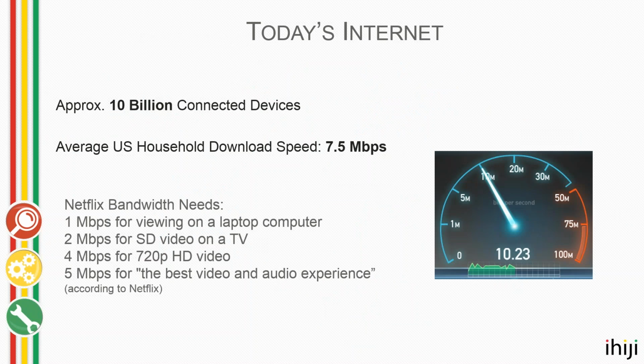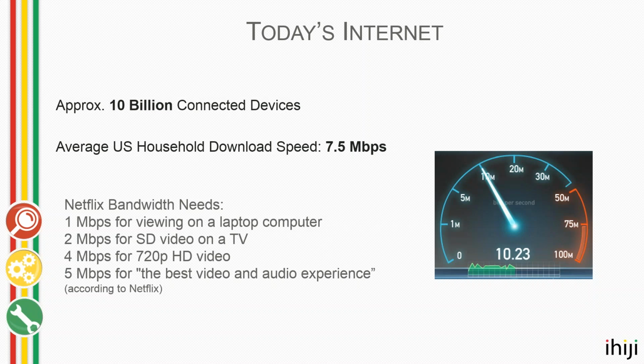Netflix recommends 5 megabits per second per stream of available bandwidth for that user. So if you think about the average U.S. household at 10 megabits per second, that means they can reliably stream for the best quality 2 streams at any one time, which in a lot of homes isn't enough, which is why we have higher broadband bandwidth services now with 20, 30, 300 megabit, even higher to gigabit.